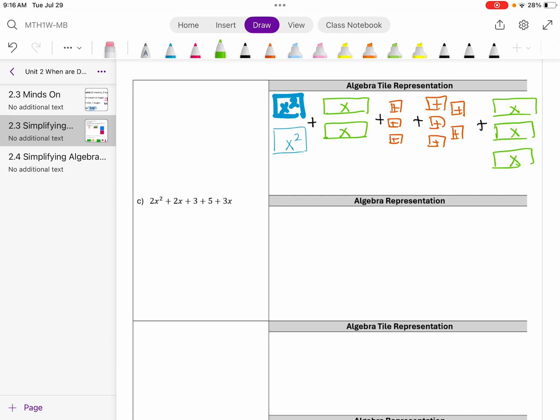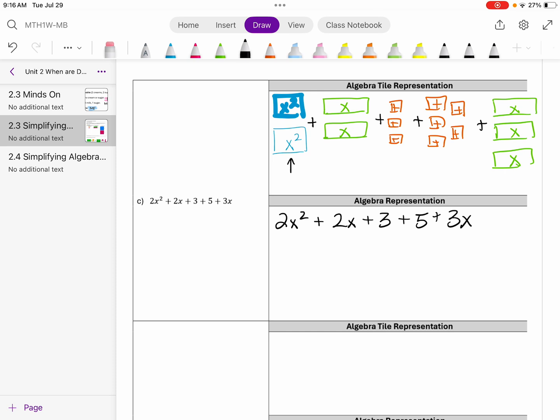Okay, so as I said, the algebra tiles are nice because they help us see what can go together and what cannot go together. One of our biggest mistakes in math when we're not sure what to do is that we think that this 2x squared goes together with this 2x. But I cannot put those things together because you can see in the diagrams that they're not like terms.